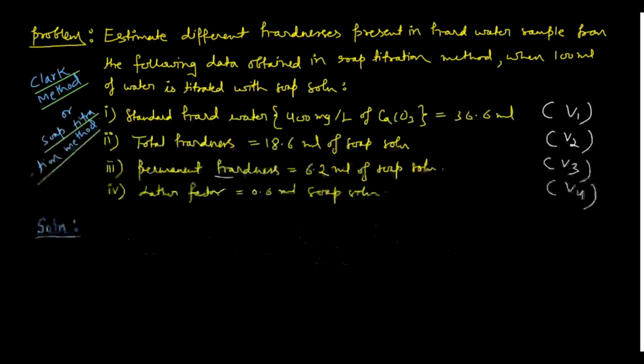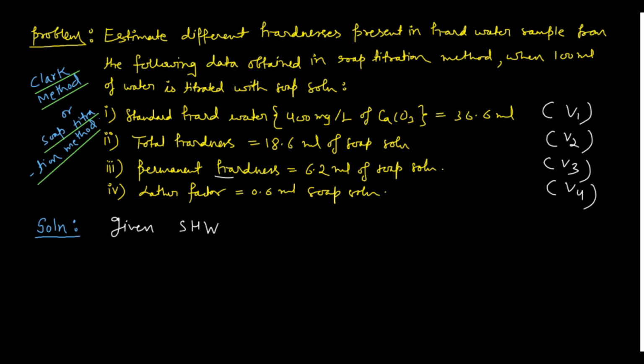Now I'm going to solve this particular problem. Please focus here, and you can solve this problem along with me so that you will have a better idea how to solve it. First of all, what is given here? Given, I am writing SHW.